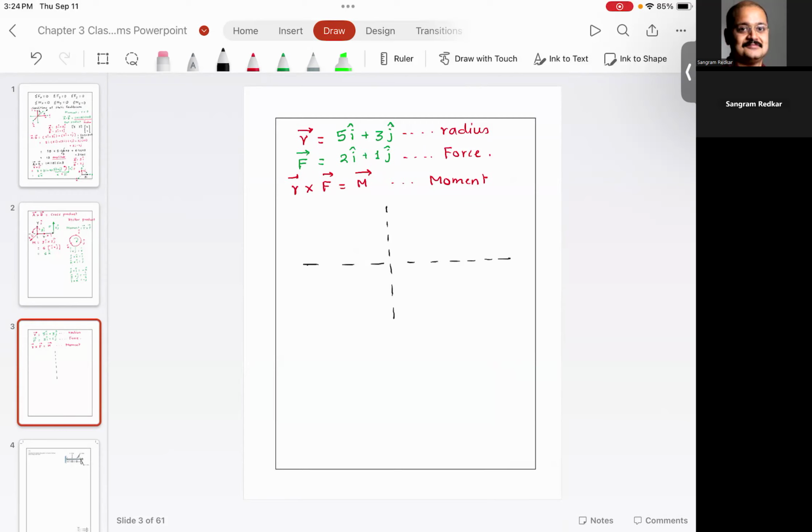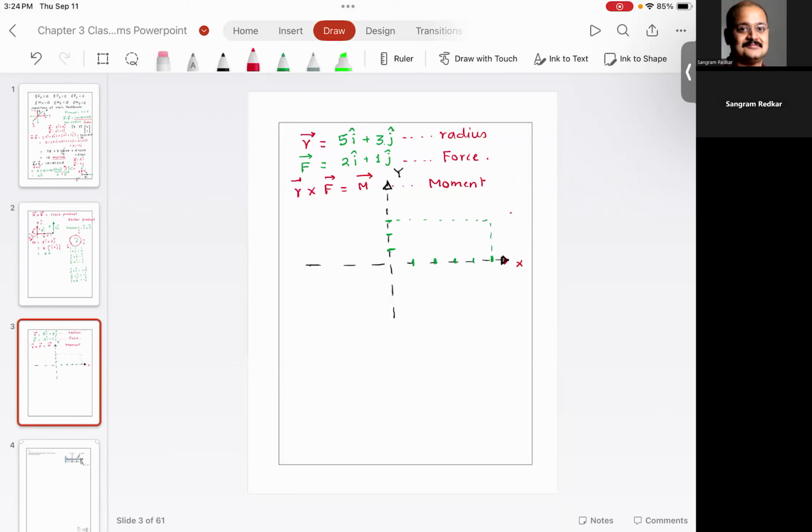Let me first draw the coordinate system. This is x. This is y. So this is 1, 2, 3, 4, 5. So this is 5i, and then I have 3j: 1, 2, 3. So 5i and 3j. This is the point, 5, 3. And I'm going to draw this vector.